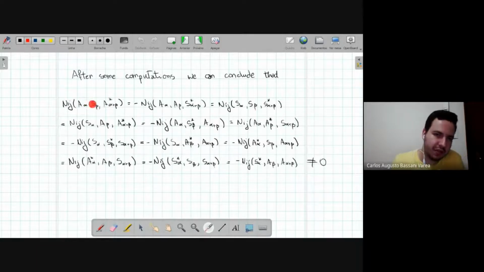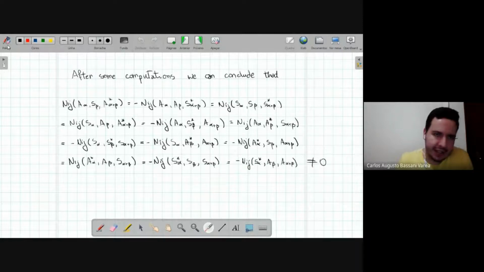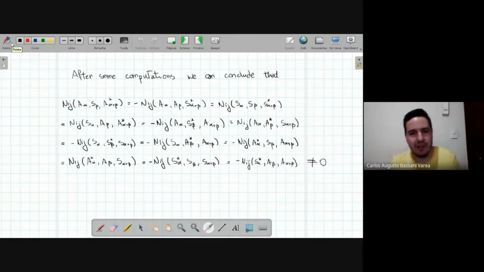Two vectorial parts and 1 dual part. It always happens. It's just linear algebra after you have the expression for the Nijenhuis operator. So it's just doing the computations. So these are the possible non-zero Nijenhuis operators.